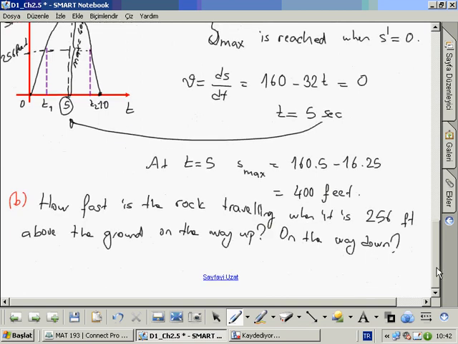This curve is a symmetric curve, so on the way up and on the way down only their seconds will be changed, so it's not hard to solve this question.